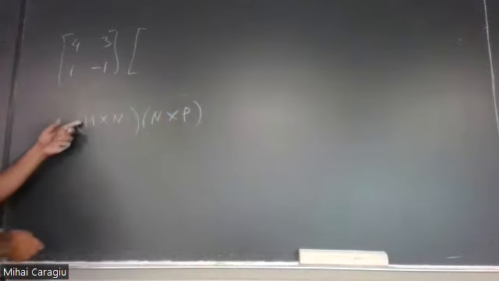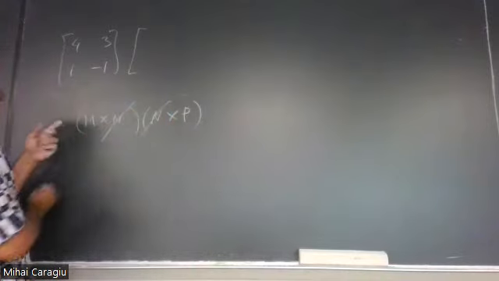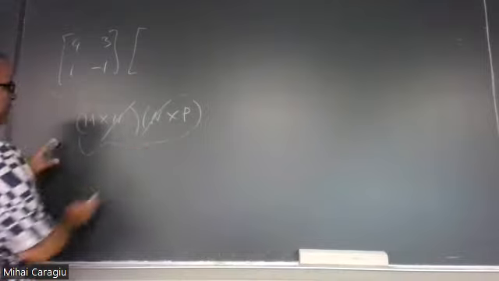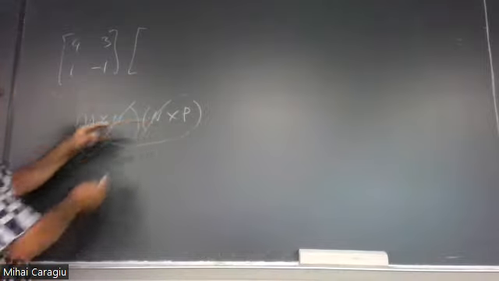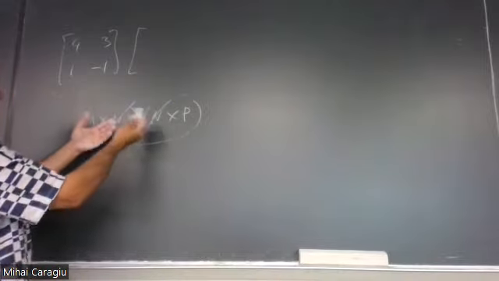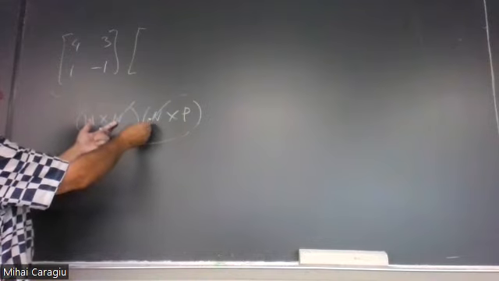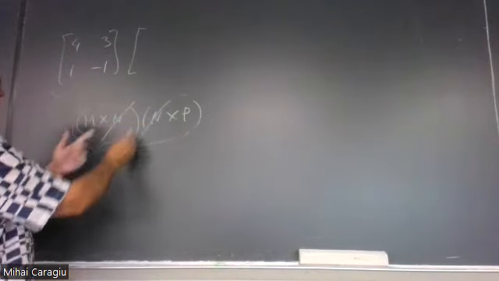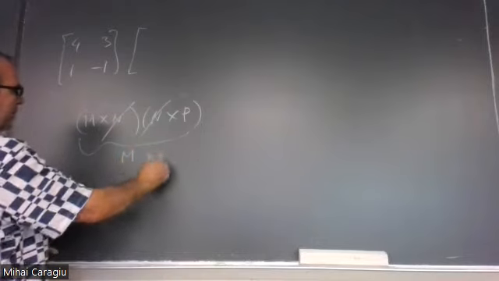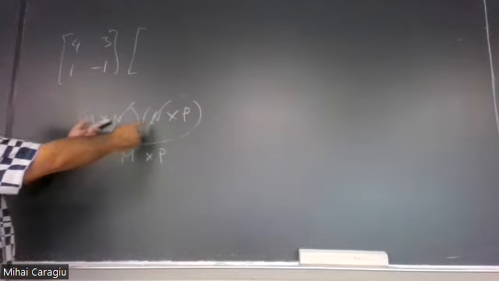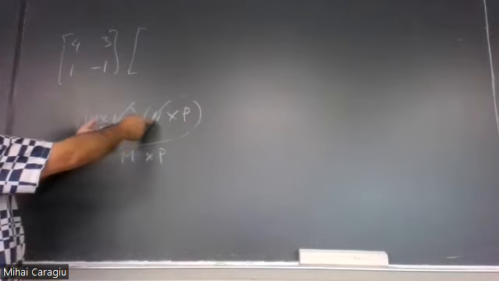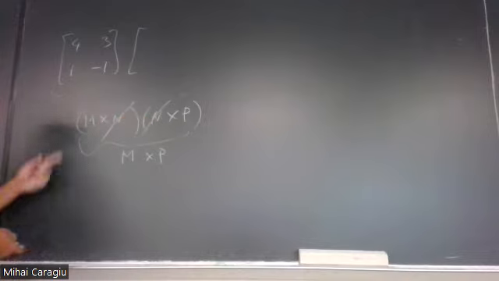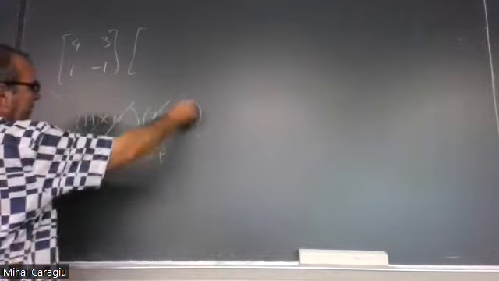Make sure that the numbers in the middle are the same. Imagine a particle and antiparticle annihilating each other, so they disappear. You get m by p, that's what's left.